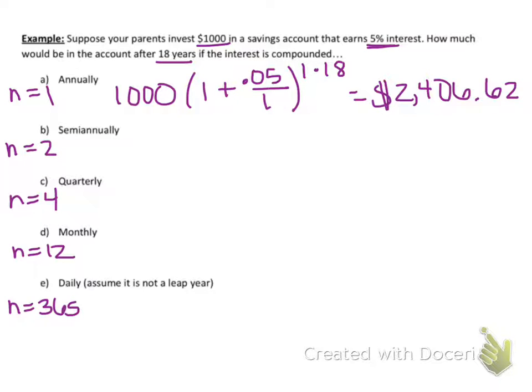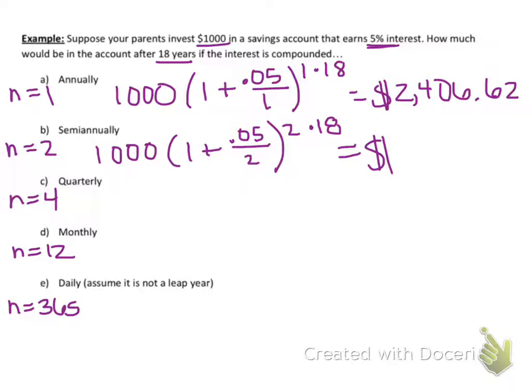For letter B, we're going to start off the same. The only thing that will change is where I have the 1 in the annual spot, I'm changing it to a 2. Make sure you change the 2 in 2 spots. The formula has N in 2 spots, therefore it must change in 2 spots. When you do this, you will get $2,432.54.